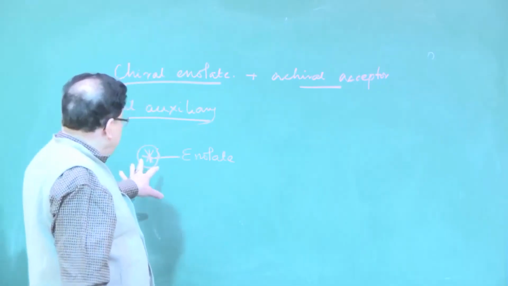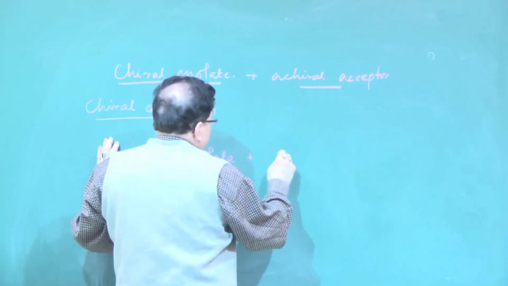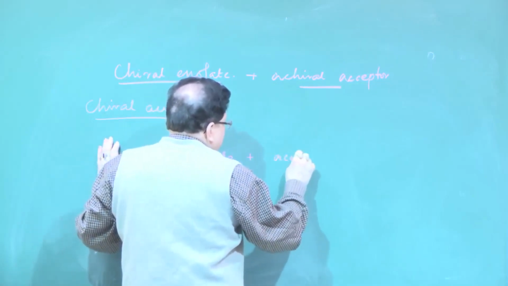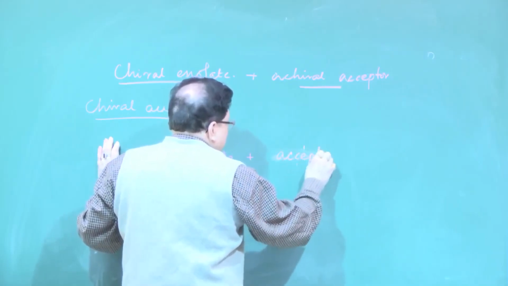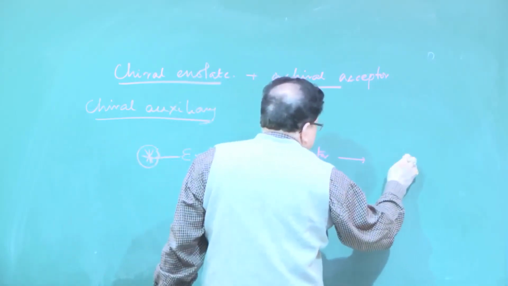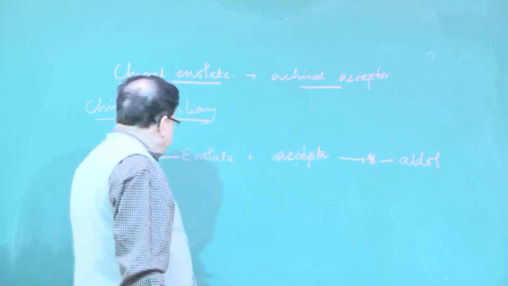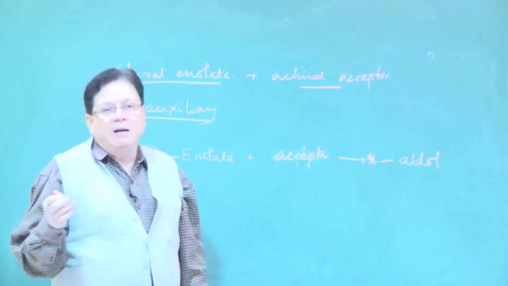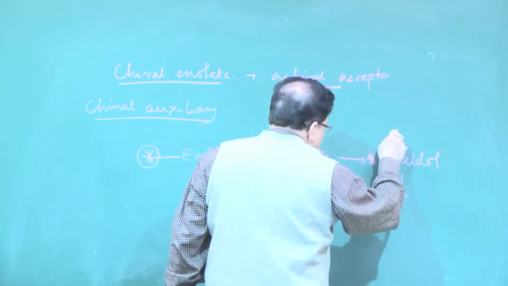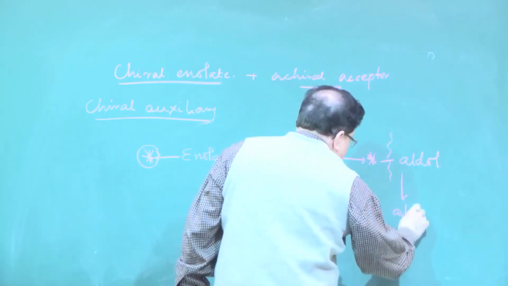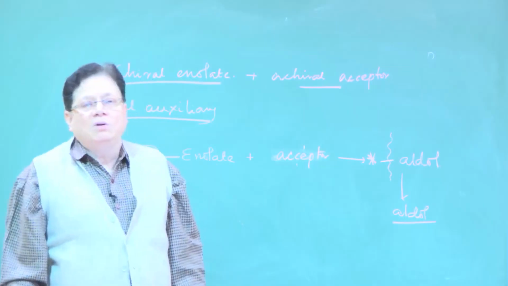You attach that built in chirality, so that the whole thing becomes chiral, and now you add this to the acceptor, do the reaction, get the aldol. But remember the aldol will have attached the chiral appendage that you started with from the enolate, and then after the reaction you can take this off and get the aldol. So, that is the strategy of a chiral auxiliary based method.